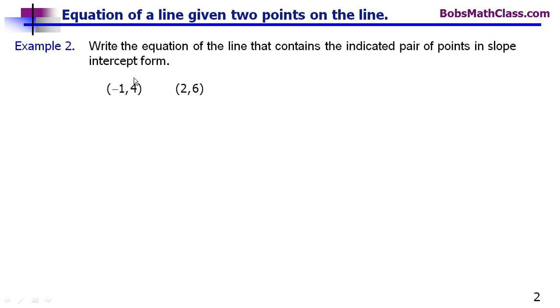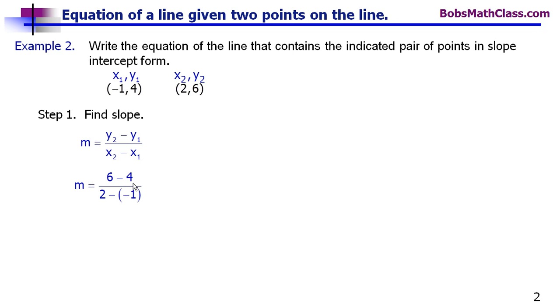Again, we have 2 points, negative 1, 4, and 2, 6. First, we need to find the slope. Write down the formula, and then replace the numbers into their positions. y2 is 6, y1 is 4, x2 is 2, x1 is -1.